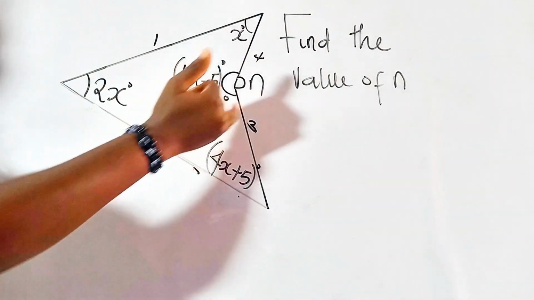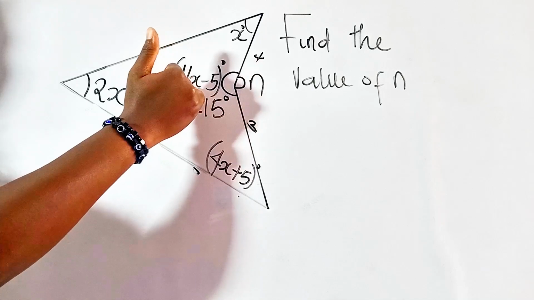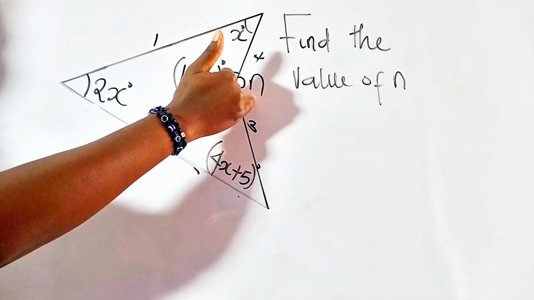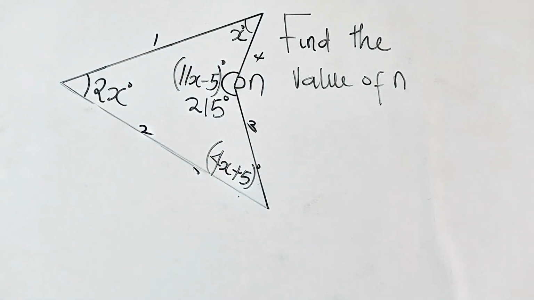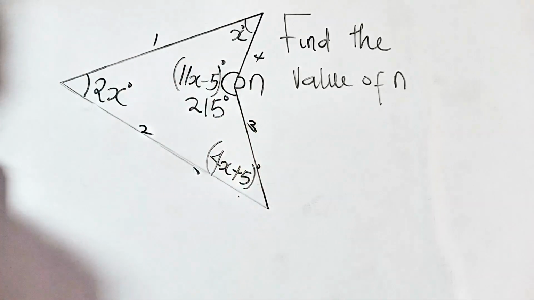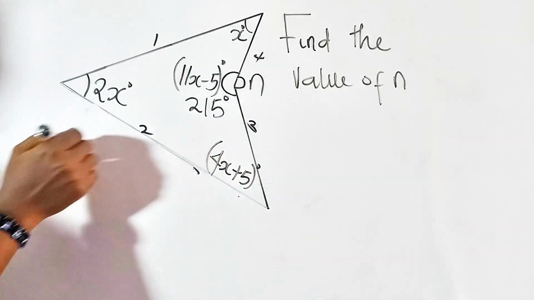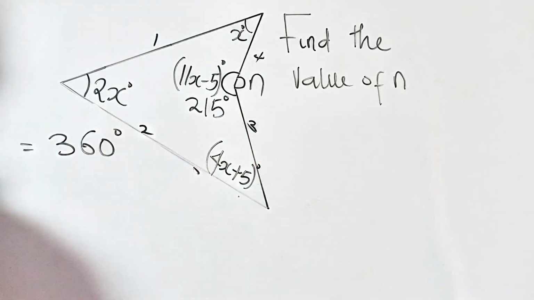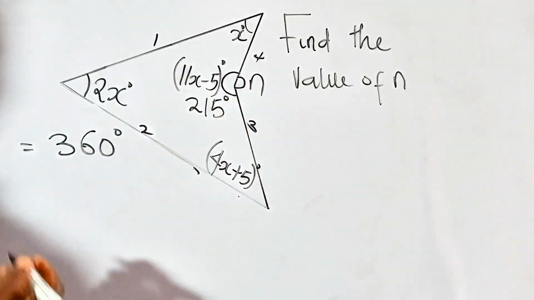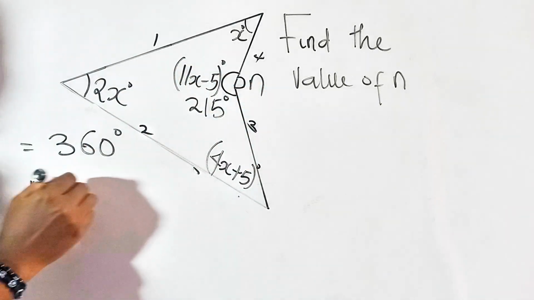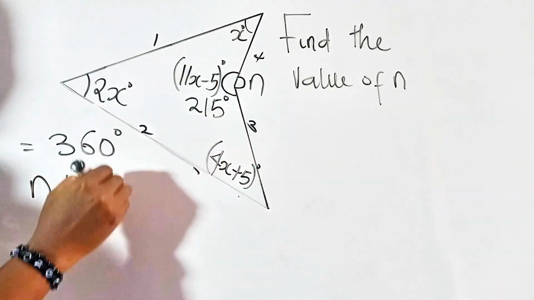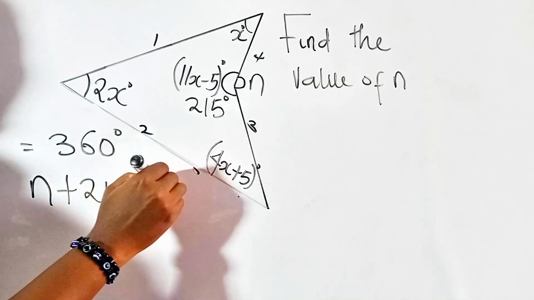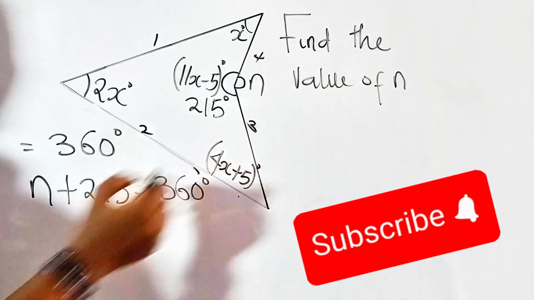So the angle relationship that exists between this angle here and the angle n is angles at a point, and the sum of angles at a point is equal to 360 degrees. So for me to find n now, I will add n plus this angle, which is 215, and equate it to 360 degrees.